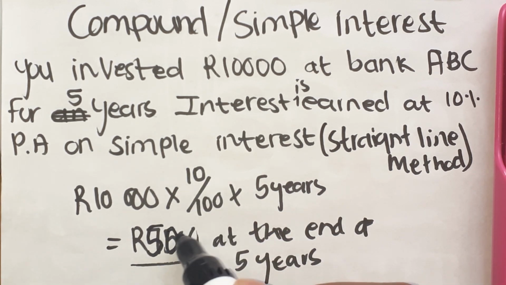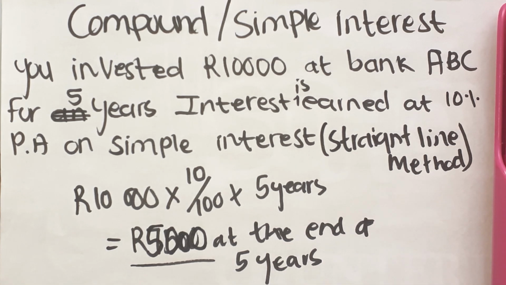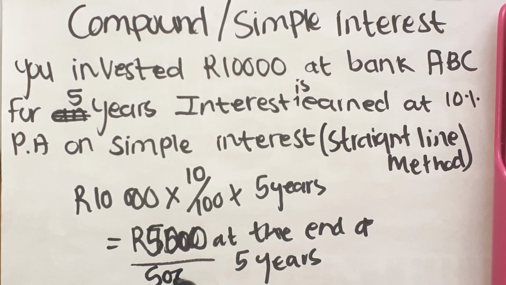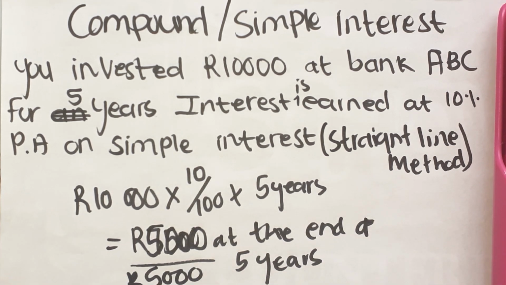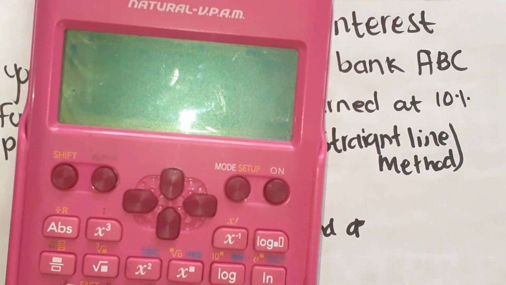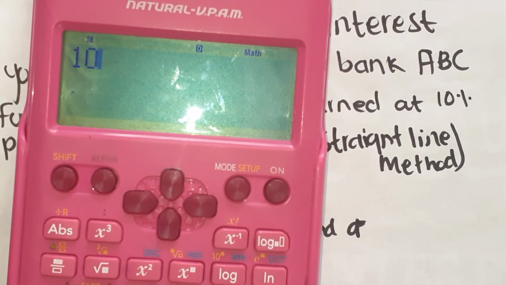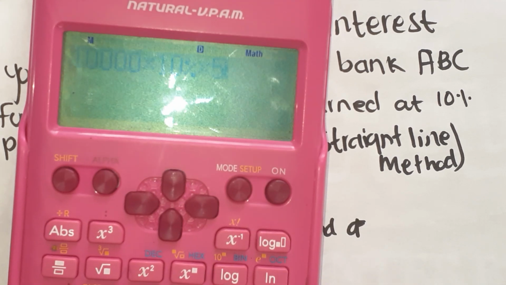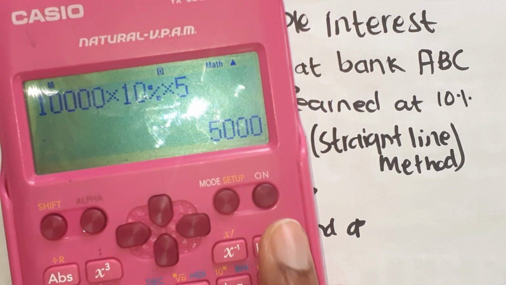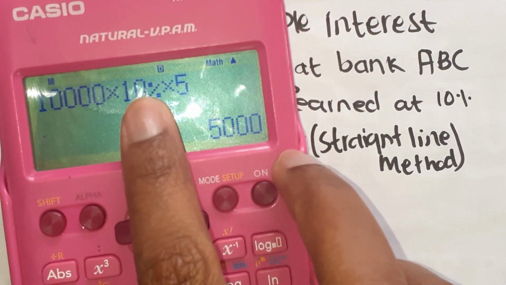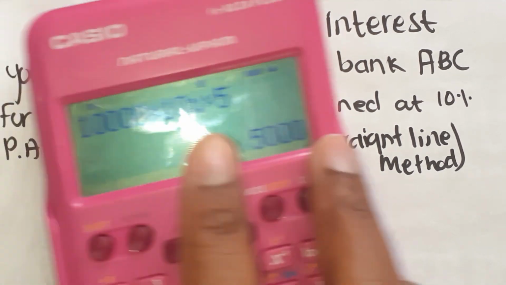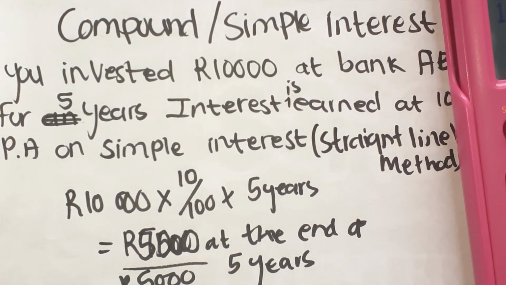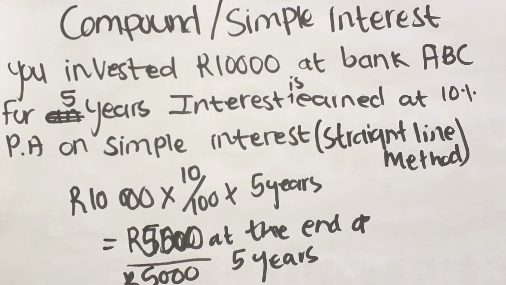So that's 5,000 rand. Because when you take 10,000 rand times 10% times 5, it will still give you 5,000 at the end. So you still don't need to say 10 over 100 here. So it's good to double check your answer.